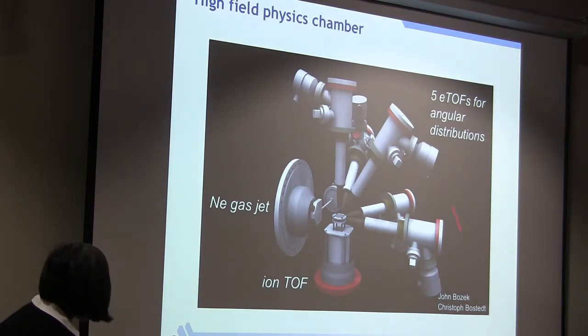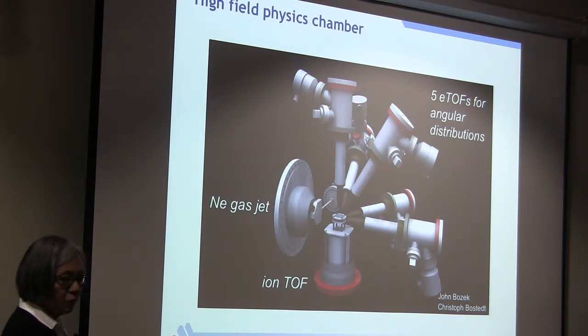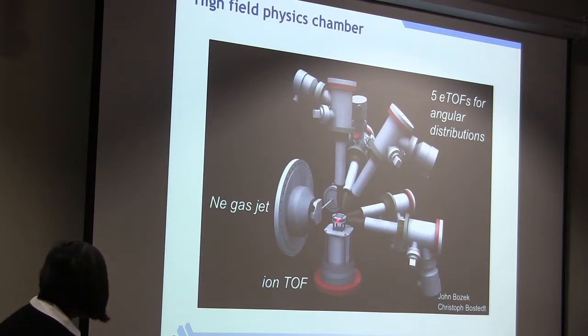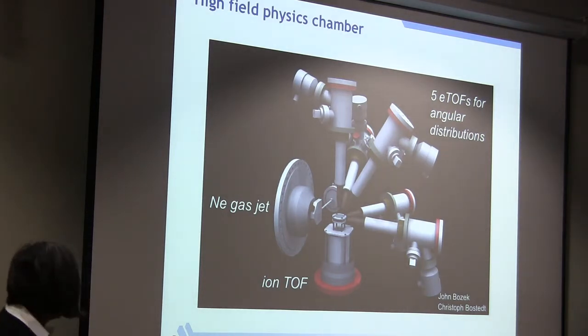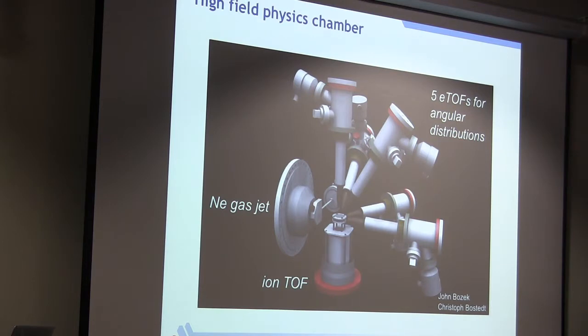We have a number of time-of-flight electron spectrometers that will give you angular distribution, from which you can distinguish a photoelectron from an Auger electron. There's a little neon gas jet, and also an ion time-of-flight spectrometer. The X-rays would come in, and they'd be focused down to a micron or so, and we would just look at what happened in here. Very simple. This was really put together by John Bozak and Christoph Hostad of the LCLS.